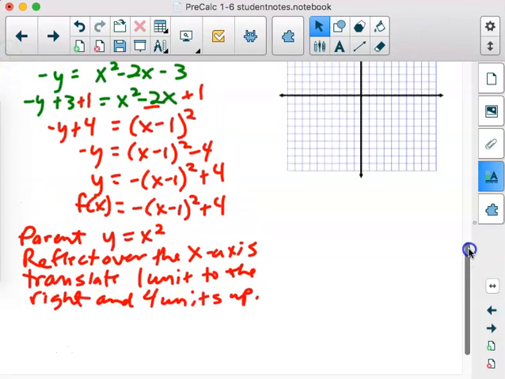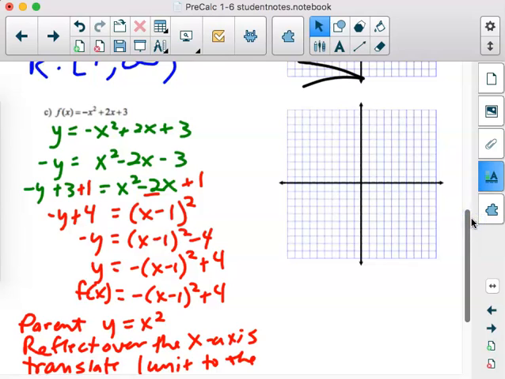All right, now back to the fact that our parent function was a quadratic. So 0, 0, 1, 1, 2, 4, 3, 9, and then symmetry, equal but opposite on the other side. So there's our parent. But the first thing we have to do here is reflect it over the x-axis.